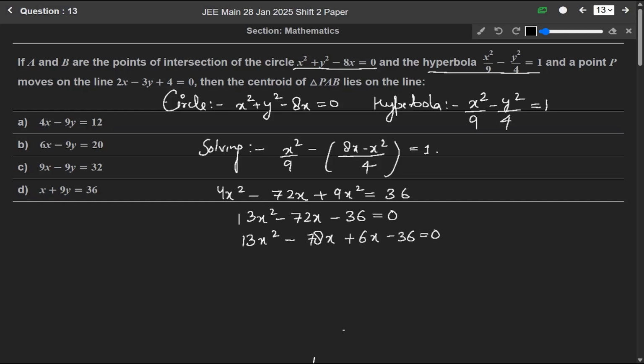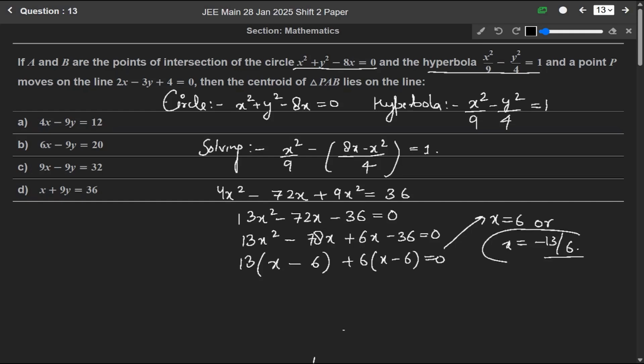So when we factorize it, taking 13 common, we get (x − 6)(13x + 6) = 0. So from here we see that x equals 6 or x equals −6/13.